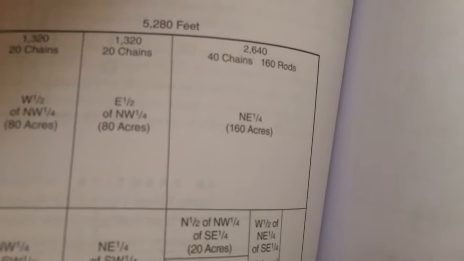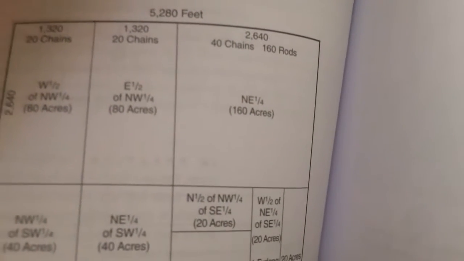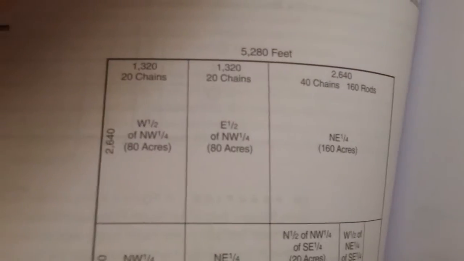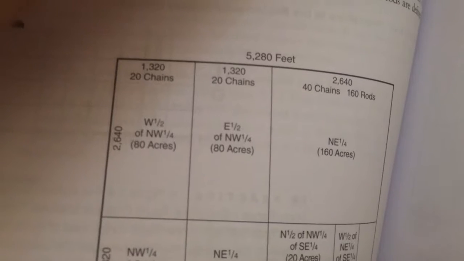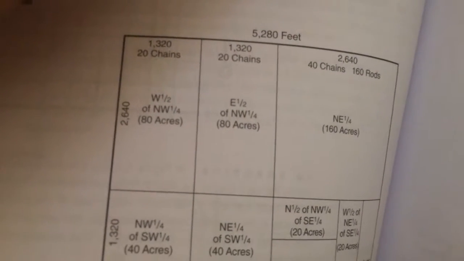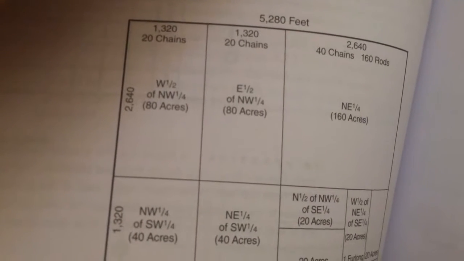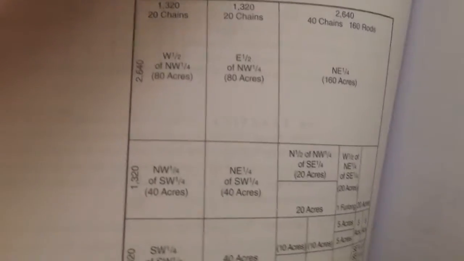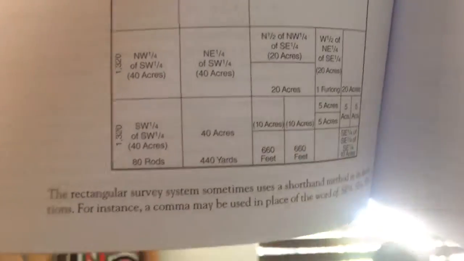To the right of that, you got 160 rods. This is the northeast 1/4, which is 160 acres. This piece here is 1,320, 20 chains. East half of northwest 1/4 equals 80 acres. I'm not going to do all these, but you can see how it goes.